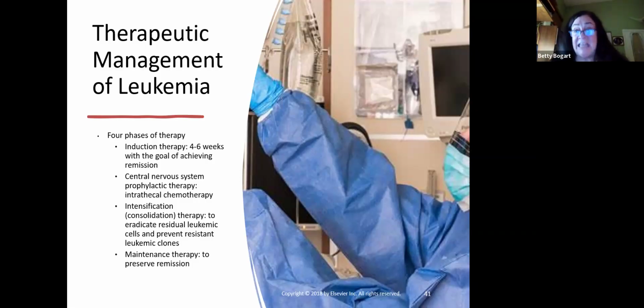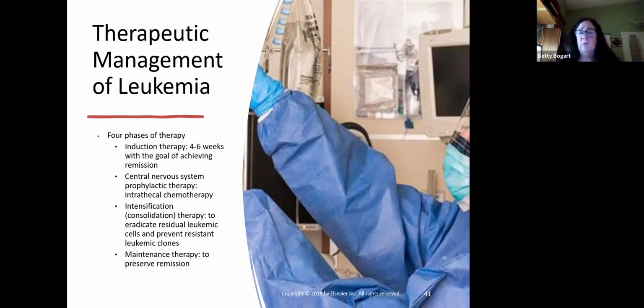Now, they give intense chemotherapy, in 2 or 3 phases. It depends on the cancer, and on the doctor, what conference he's been to, what he's going to use. But you need to know induction therapy is about 4 to 6 weeks. Look at our goal. Our goal is achieving remission. So in the first 4 to 6 weeks, you're in remission, but they still continue steps 2, 3, and 4.